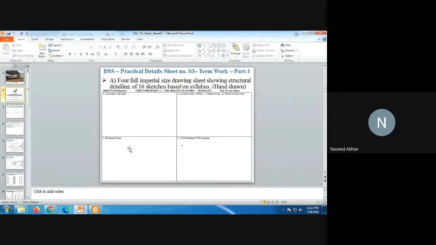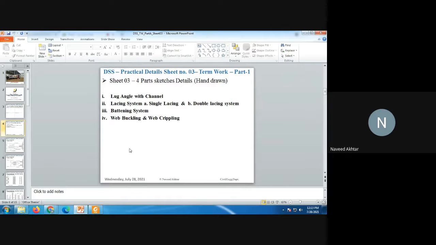So sheet number 3, we have seen today the outcome of the sheet: the lug angle channel, the lacing system, single lacing and double lacing system, the battening system, where horizontal bars are provided to connect the built-up column to another column, and web buckling.